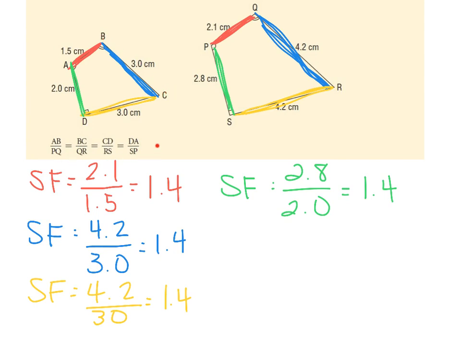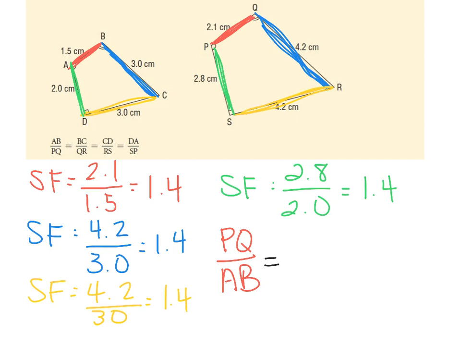Now what they've shown down here with all of these fractions equaling each other is what we just did. So this was the scale factor of AB and PQ. So let me write this out. And actually we did PQ. We started with this shape first. So we put PQ over AB. And that equaled 1.4. But what else equaled 1.4? Our blue sides.